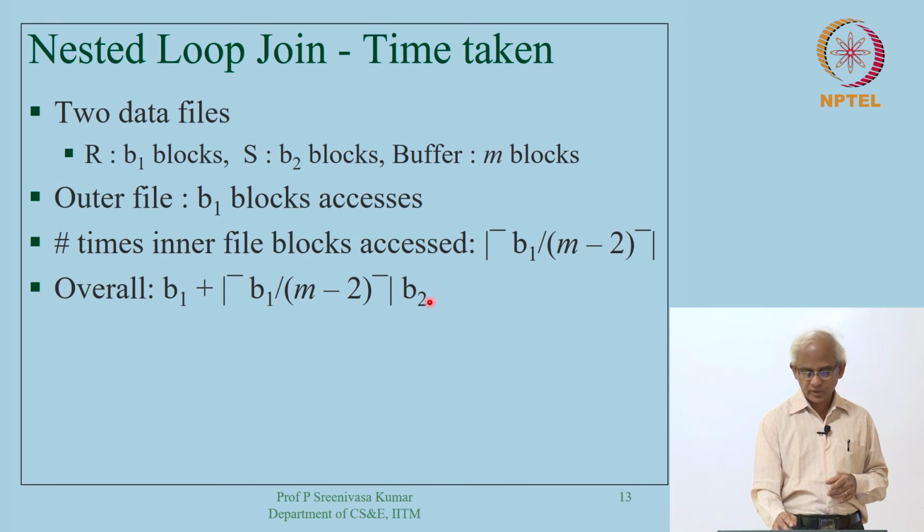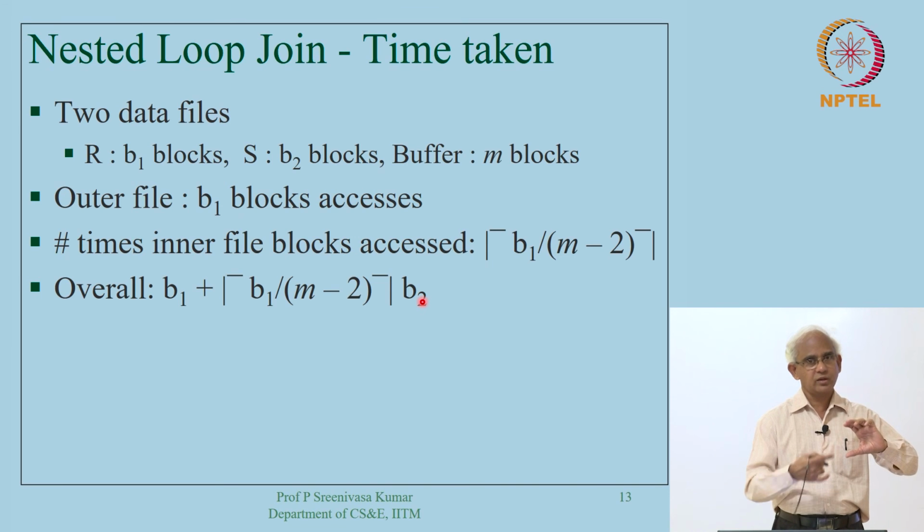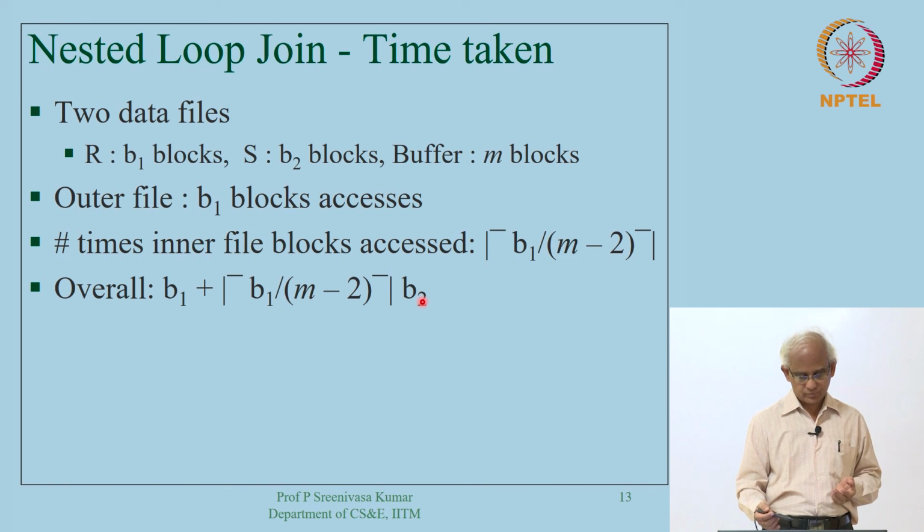So this file has to be repeatedly read. For a chunk of the outer file you have to read the entire inner file, and then you get the next chunk of the outer file and read the entire inner file again. That is the block nested loop algorithm.